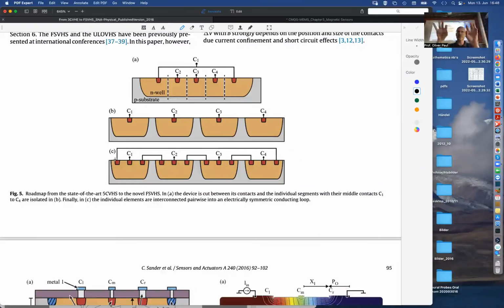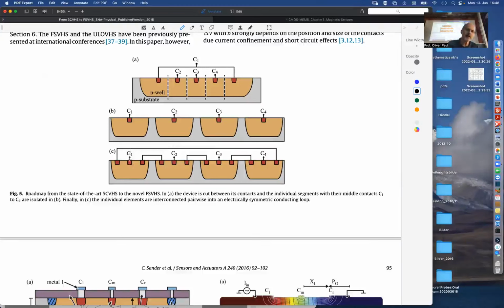Now I have 4 separate structures that cause 4 contacts to be connected to a conductive semiconductor region, which now is not as simple as before, but every single one of those elements is identical to the other, apart from the usual small geometrical and doping related imperfections.